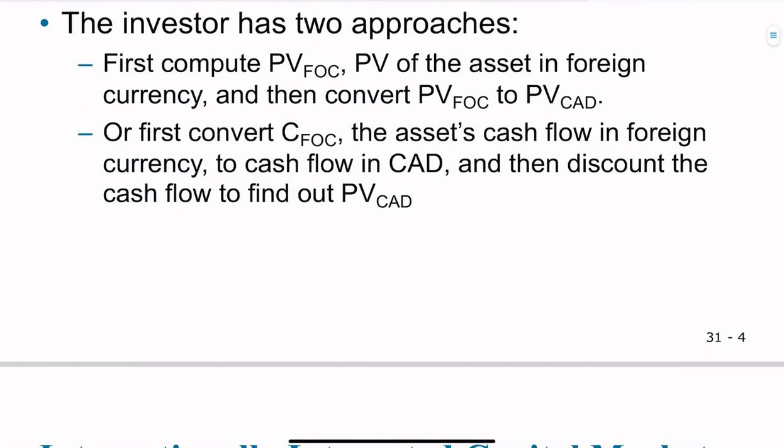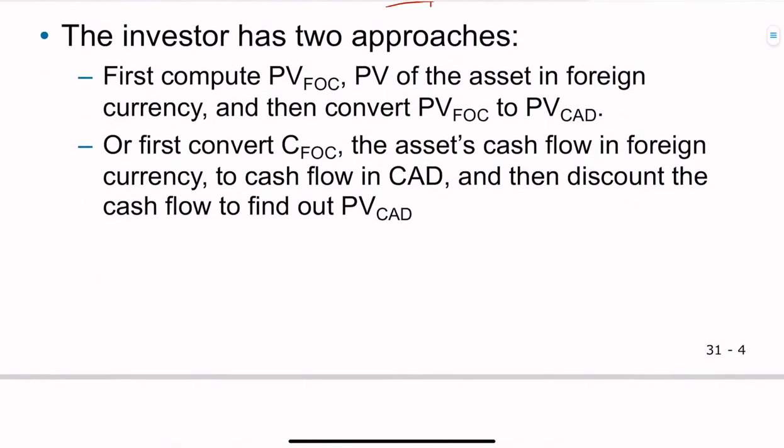So to summarize, in the first approach, the investor will use cash flow. So this CFOC means cash flow in the foreign currency, right? So the investor will discount the foreign cash flows directly into the present value in foreign currency.